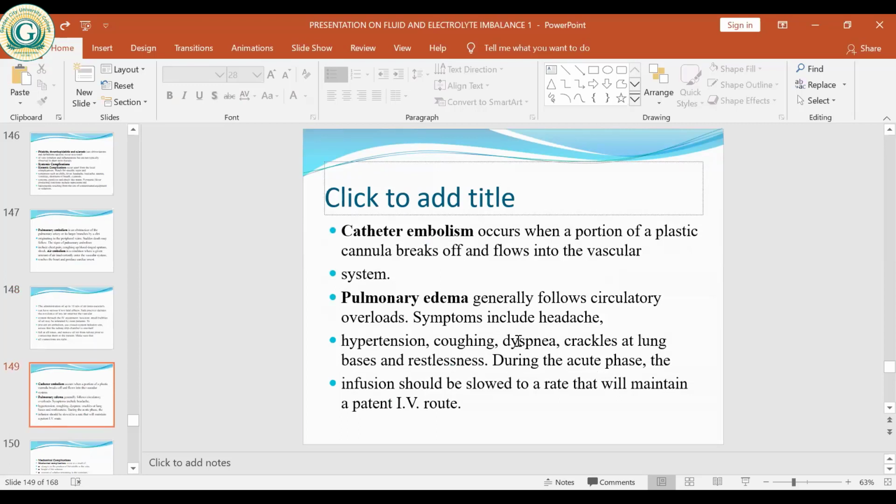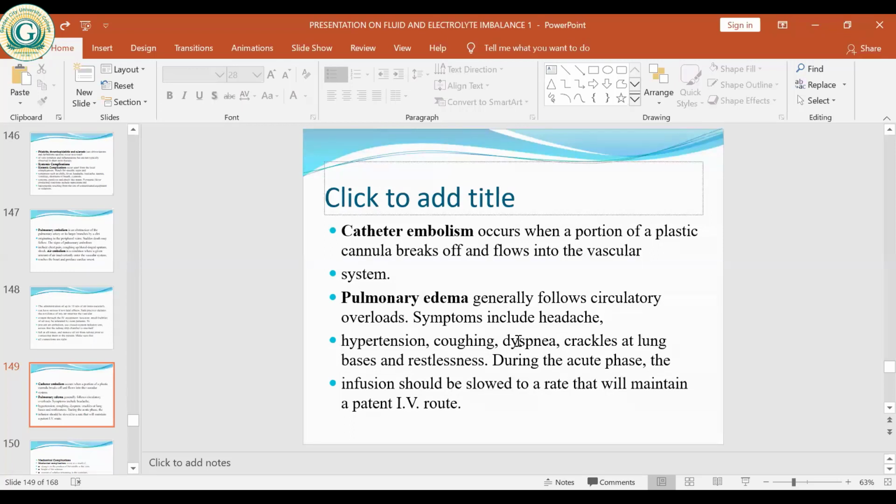Then we also have what is called catheter embolism. Sometimes when you are trying to insert this purple colored catheter, the smaller catheters, it is so fragile that the tip of the catheter can break and enter into the circulatory system and go through and lodge at the point I told you. This is called catheter embolism, when a portion of the plastic cannula breaks off and flows into the circulatory system.